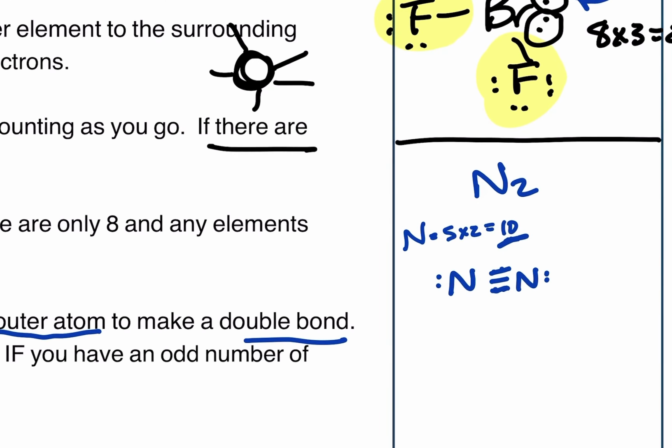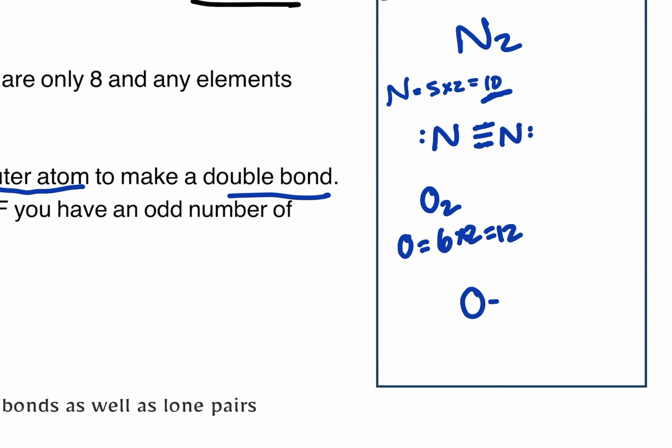I'm going to do another simple one. You're going to be doing some that have 3 atoms in them, but I'm going to do another simple one. Here's O2. Oxygens are 6. There's 2 of them, so that puts me at 12. When I draw this structure, O-O, and I start counting down, I've got 12. I've used 10, 8, 6, 4, 2, 0.